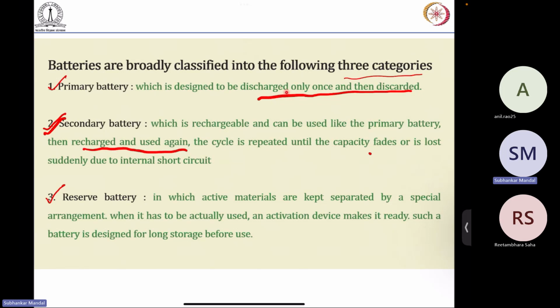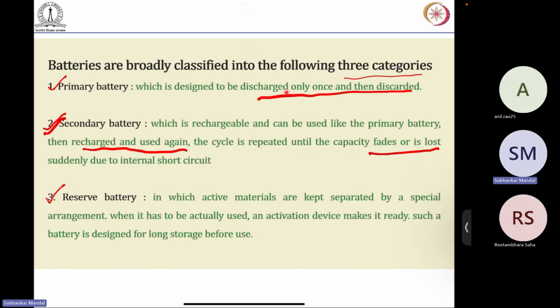When capacity fade sets in, after a long time you can discard it. Basically the battery in our mobile nowadays is a secondary battery, because you buy the mobile and charge the battery, and when it is completely discharged, you charge it again and use it again. That is called a secondary battery.